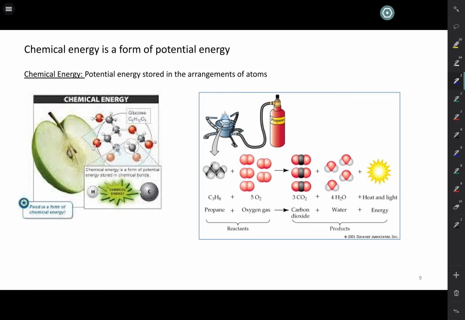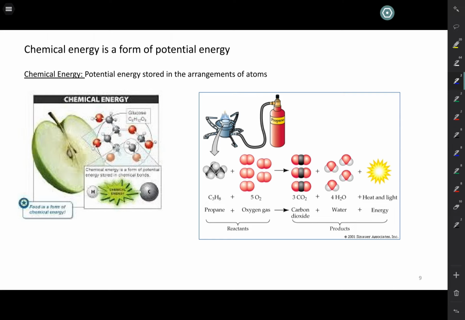So chemical energy is what we're really interested in this class. A very simplistic version of chemical energy is the potential energy that is stored in the arrangement of atoms. We've talked about why atoms form bonds, and that is because atoms, when they're in their bound state and we have a fulfilled octet, are at a lower energy state.